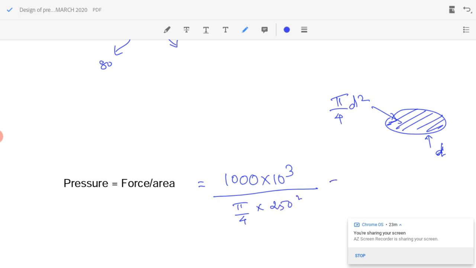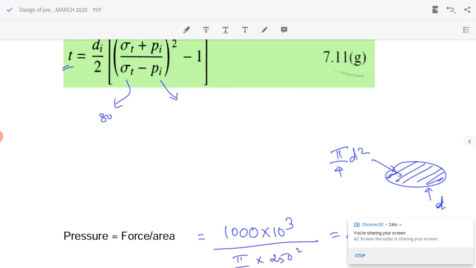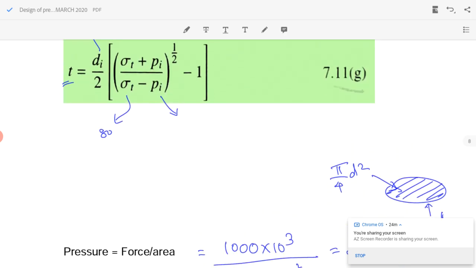So I can get the pressure acting on this area. After calculation, I will get 20.37 Newton per mm square. I can take this value to this equation. After substitution, I will get t equal to 37.17. This is our required answer.